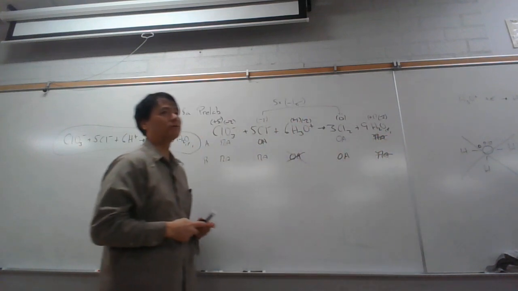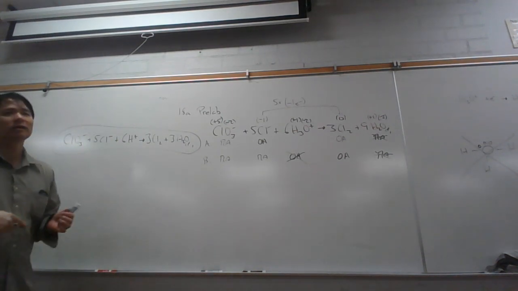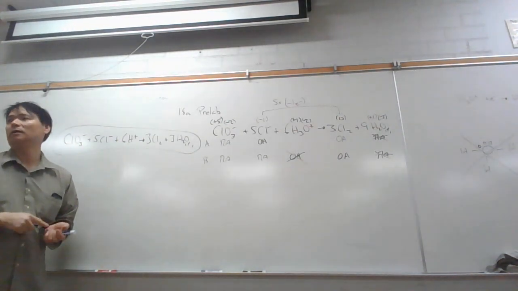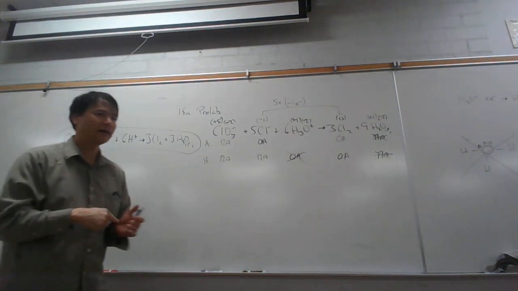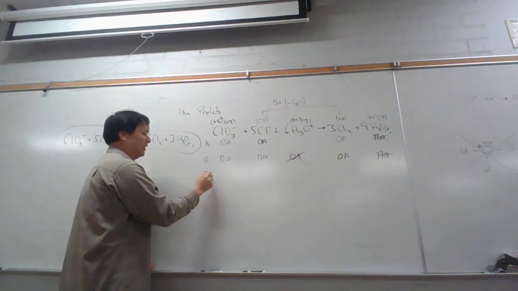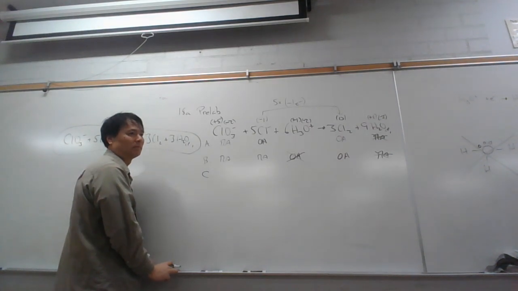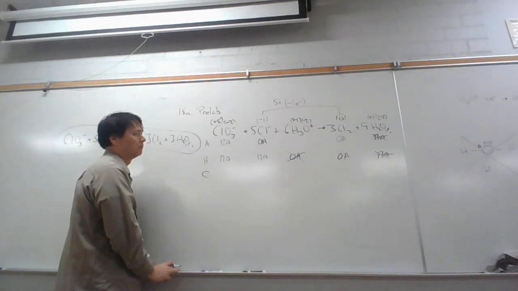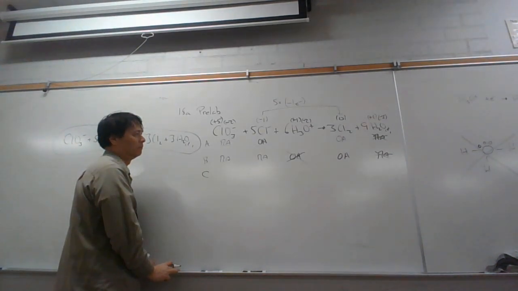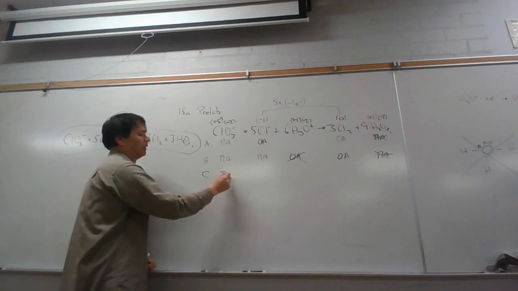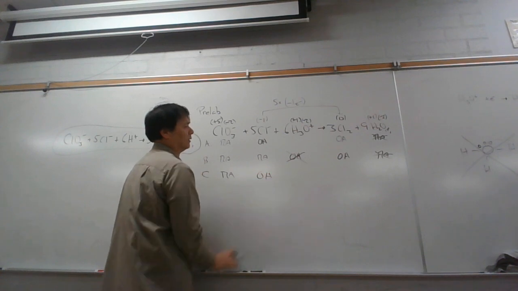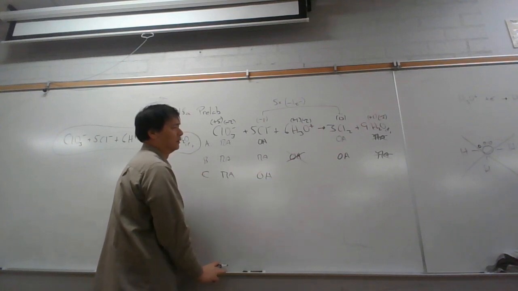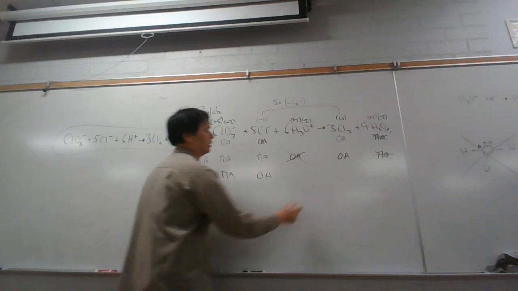See, in order for redox to occur, we either have to lose or we have to gain electrons. I have another guess. Okay, go ahead with your next. We'll go option C. So ClO3 minus would be the reducing agent, and then Cl minus is the oxidizing agent, and then chlorine would be RA and OA.